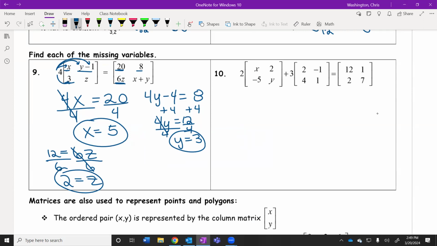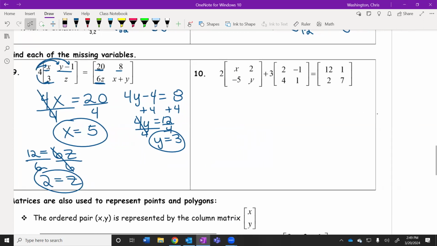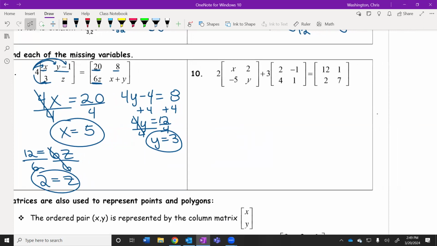All right, number 10, see if you can find X and Y in number 10. I'll give you about, maybe like 2 minutes to see if you can do number 10. And then we'll talk about a brief application of matrices addition and matrices scalar multiplication today.